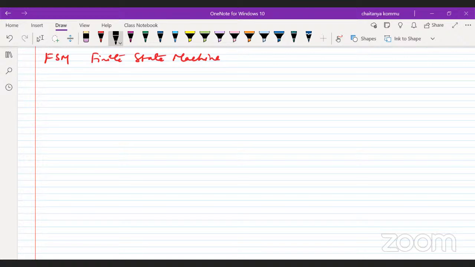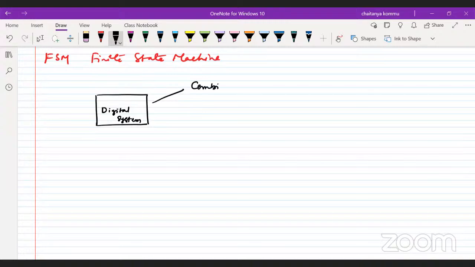Okay, so far we have seen any digital system. This digital system can be viewed depending upon the output. It may be a combinational digital circuit, or it may be a sequential digital circuit.